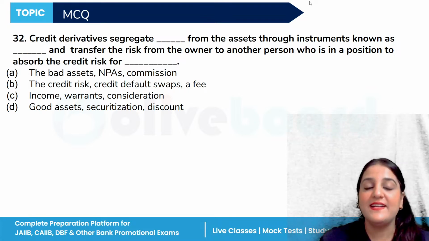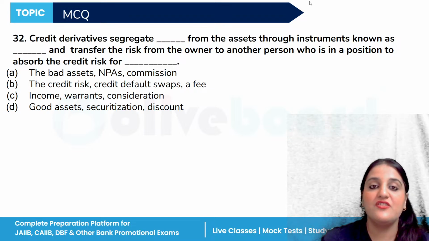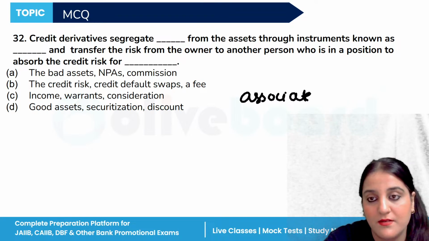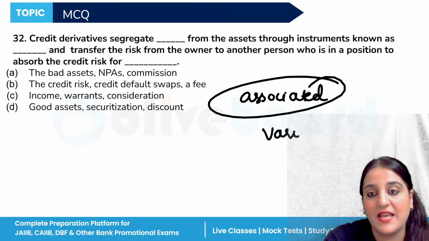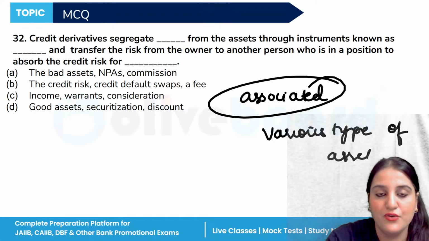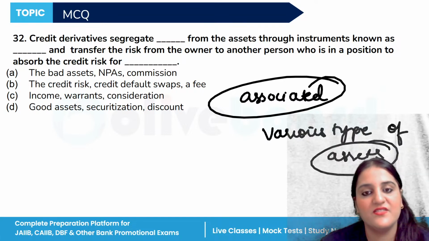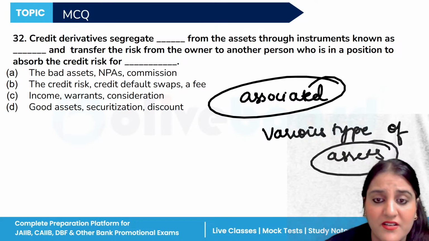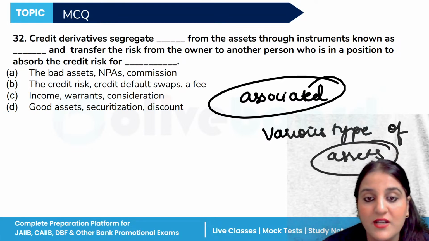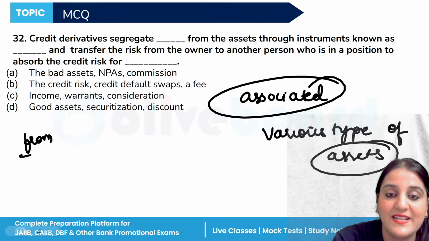We know that credit derivatives are financial instruments used to manage and transfer the credit risk associated with various types of assets. Credit derivatives are designed to segregate this credit risk from the underlying assets. This means the risk of default associated with the assets can be separated from the asset itself.